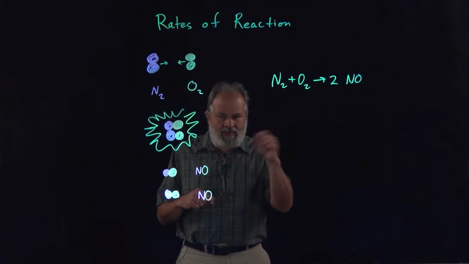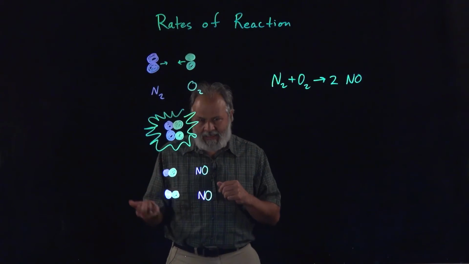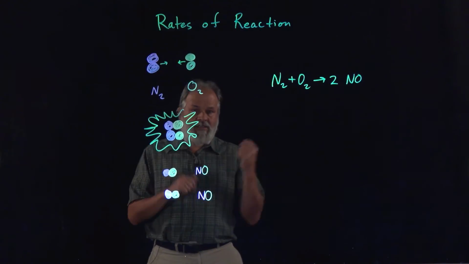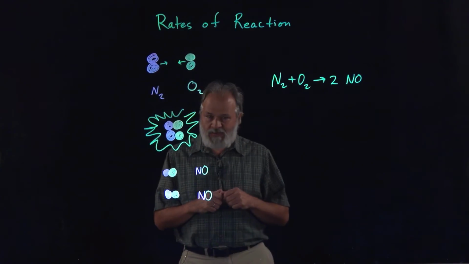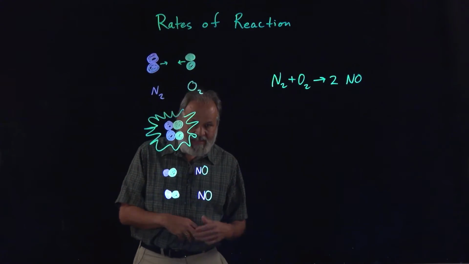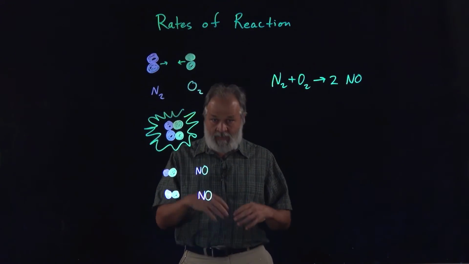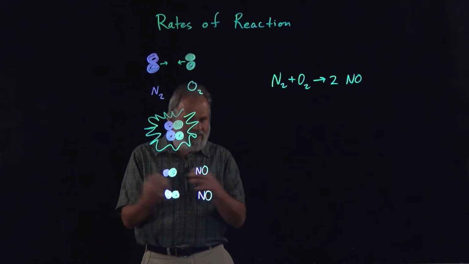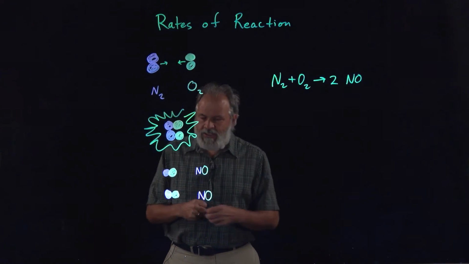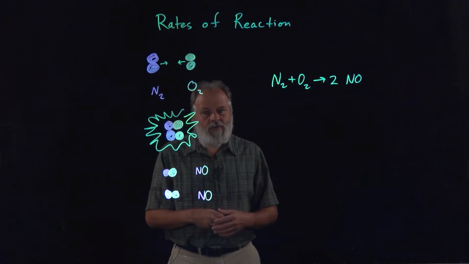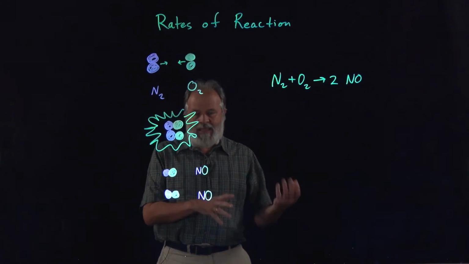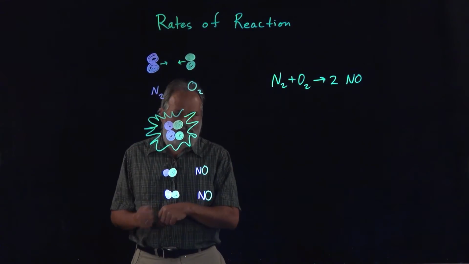So there's a device on your car called a catalytic converter, which actually runs the reverse reaction. It takes nitrogen monoxide at a lower temperature. Now remember, at lower temperatures, collisions aren't so energetic, but it's still able to take NO and make it back into nitrogen and oxygen.